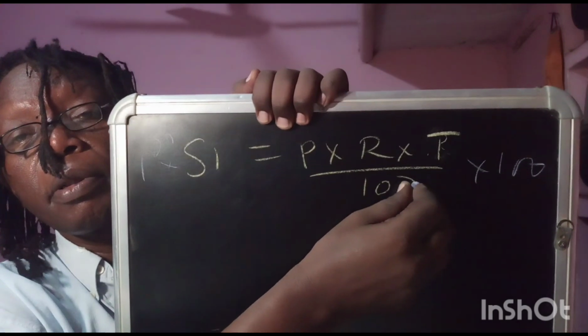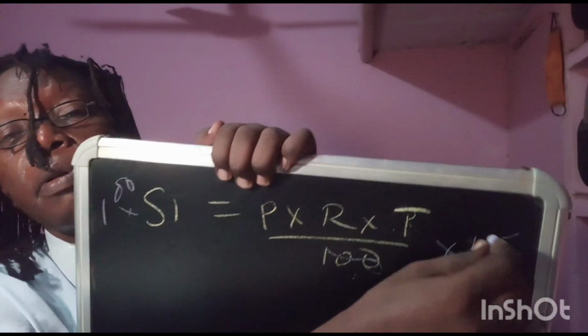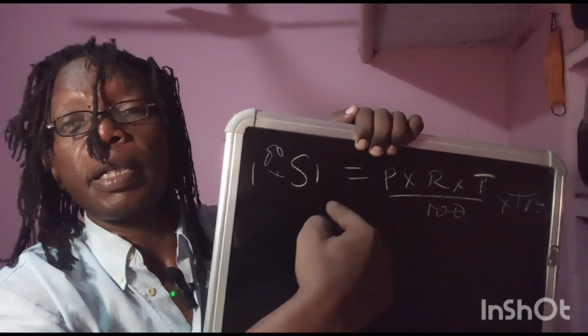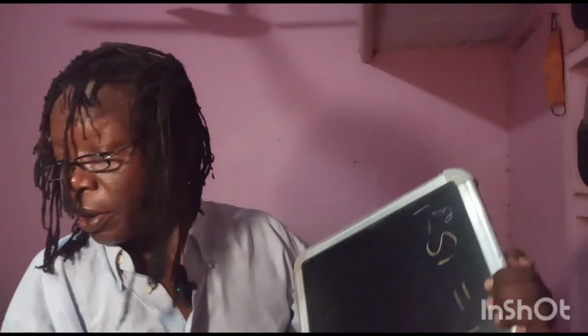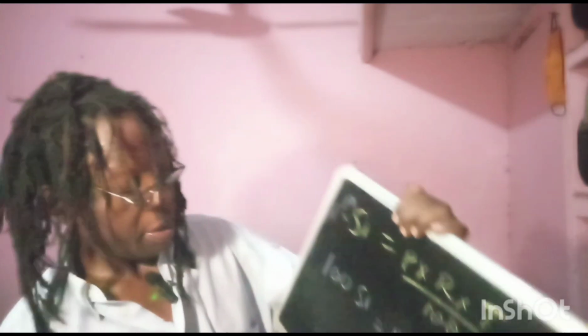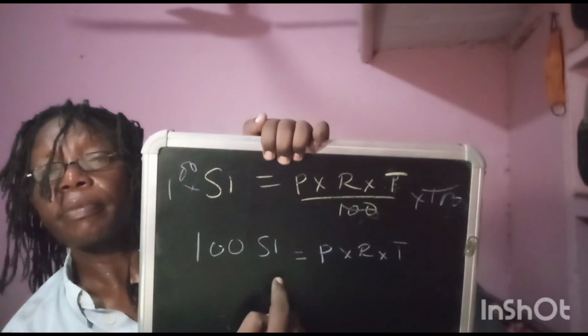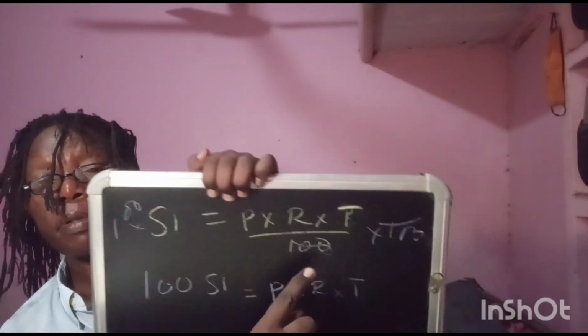So this will go and this will go, and we have 100 SI equals principal times rate times time, right? You remember we did cross multiplication here with 100.